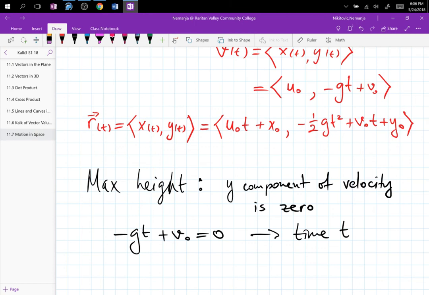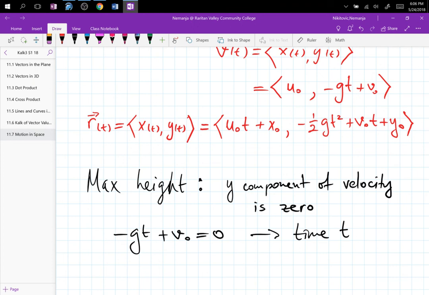If you're remembering your Calculus 1, you learned that min and max, the optimization, happens when you set the derivative equal to 0. Well, what's velocity? It's a derivative. So you set velocity equal to 0, you will find the time at which the object is at the top and it stops. That's why velocity is 0.